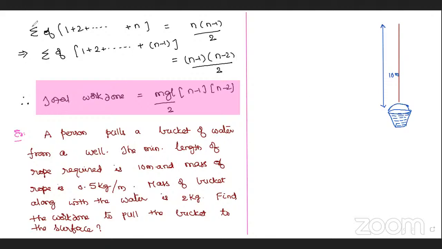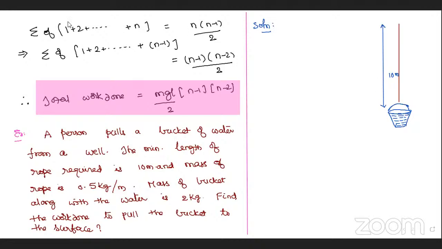Then you are pulling the bucket from what depth? The minimum length of the rope is 10 meters. Very good, from a depth of 10 meters.